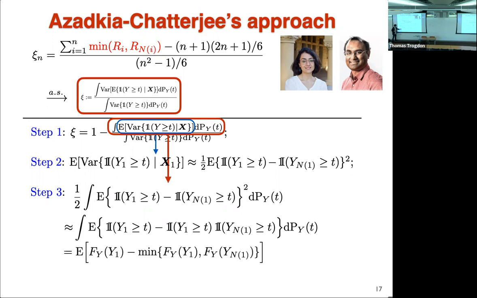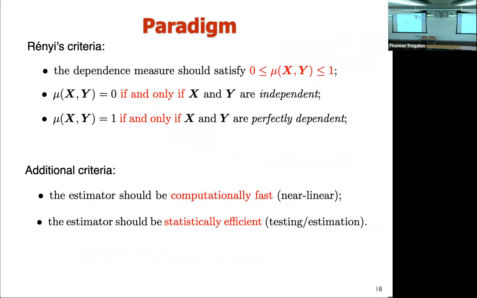Then you can explicitly calculate this integration and you get the third line. This is because the empirical CDF is exactly the rank divided by n. You can replace every population CDF by the rank divided by n, and then you get this minimum between the two ranks. So this is a high-level idea. You can check his papers for more details.